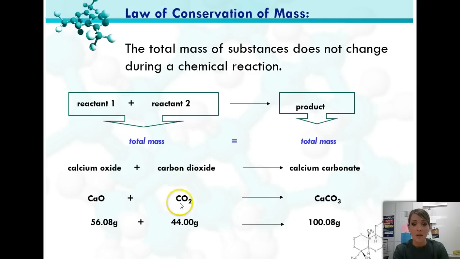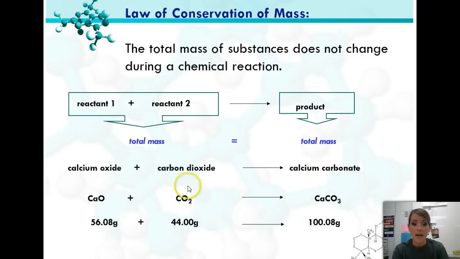You have 1, 2, 3 oxygen atoms in your reactants, and 3 oxygen atoms in your products. You have 1 carbon in your reactant and 1 carbon in your products. So you can see all of the atoms that you start with are present at the end. They've just broken apart and regrouped to make this new substance, calcium carbonate.